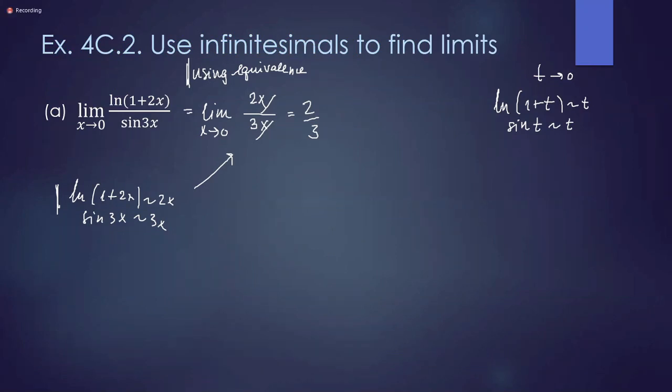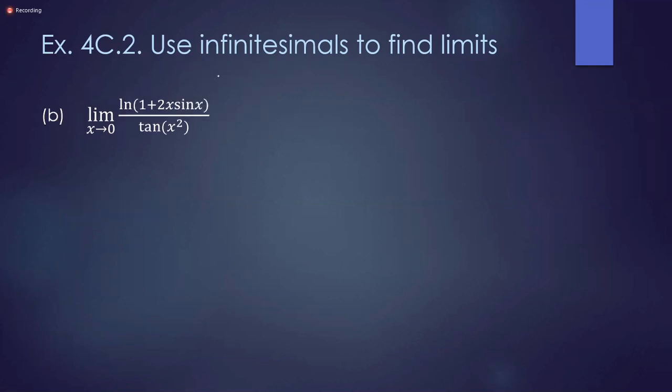Next example, again the same thing. I am again reminding you that ln of 1 plus t is equivalent to t. So when x tends to 0, we know that x and sine x both tend to 0.